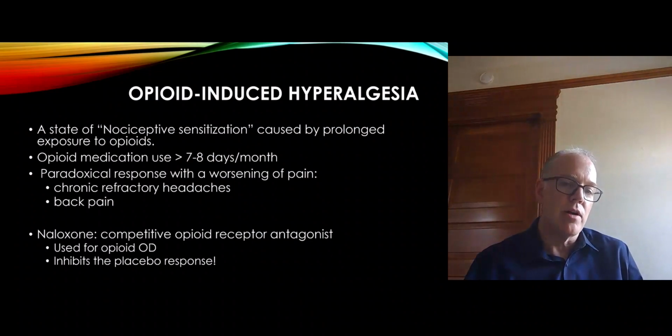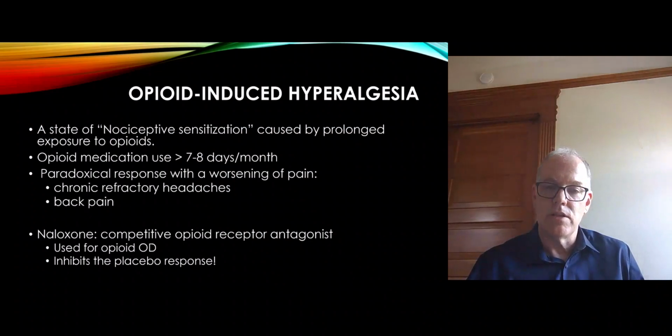And we see this most often with patients that have migraines, that take opioids and then over time develop just a severe daily headache that never goes away. Their migraine frequency increases, and really the only option in that situation is to come off of the opioids if things are going to get turned around at all.